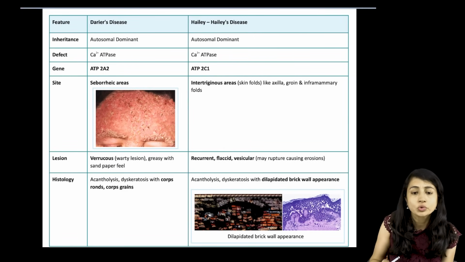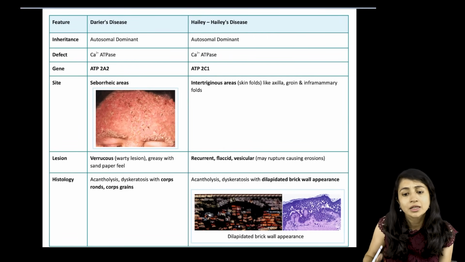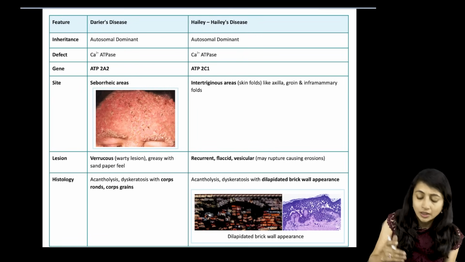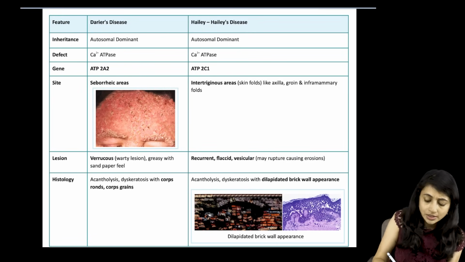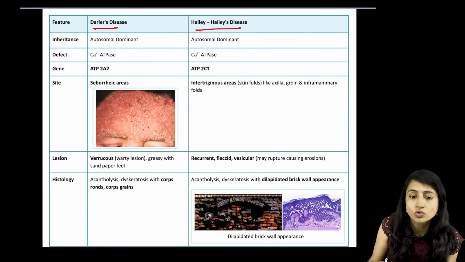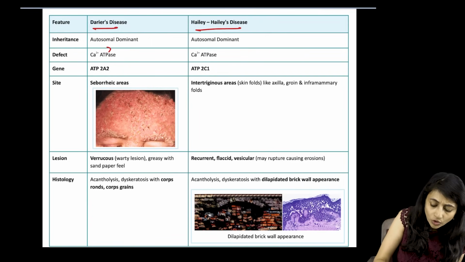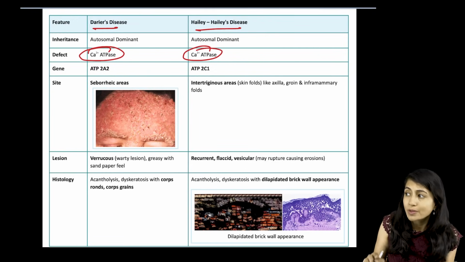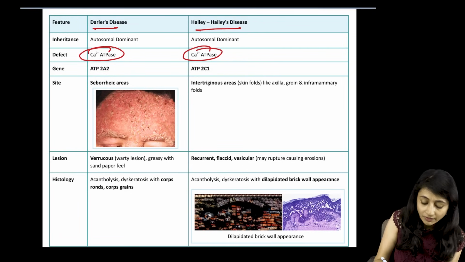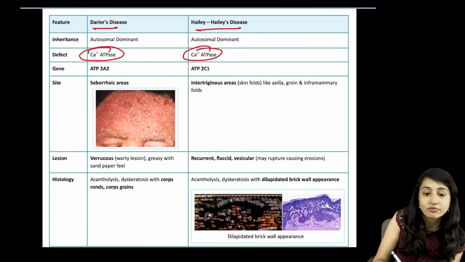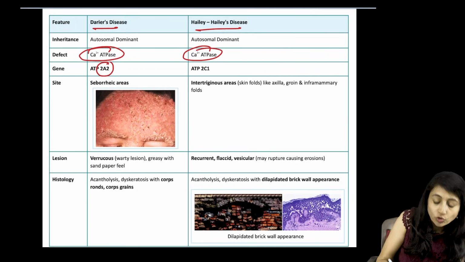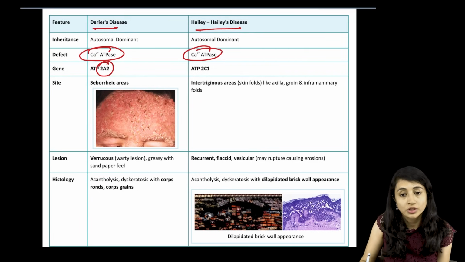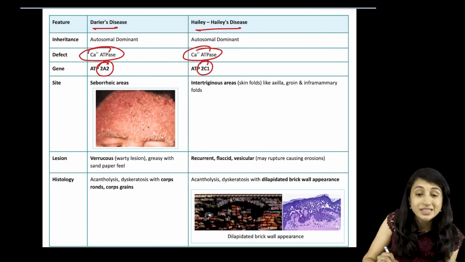Now, quickly, because we are short on time, I am going to discuss both these conditions, which are both genodermatoses. They are caused by a defect in calcium transport, and they are both asked in the exam. So, Darier's disease and Hailey-Hailey disease both are autosomal dominant. Both are caused by a defect in calcium ATPase, but they ask you the specific gene which is defective. Here it is ATP2C1, and for Darier's it is ATP2A2.